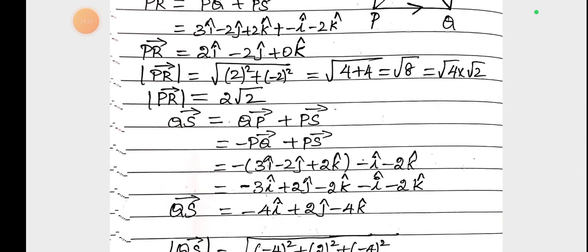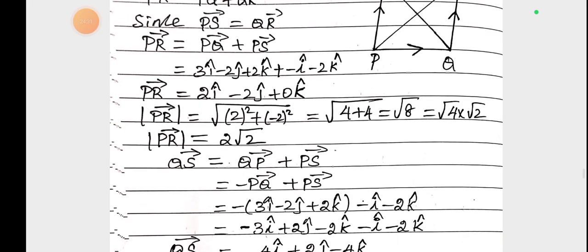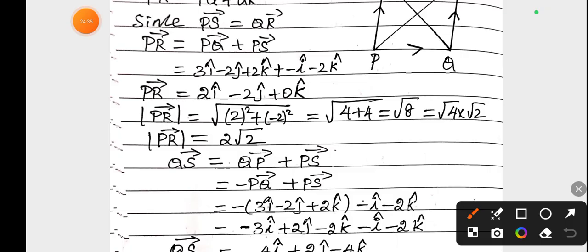What are we getting now? Root over 2 squared, the i cap coefficient, then the j cap coefficient minus 2 squared, the k cap coefficient 0, so 0 squared, we are not going to disturb anything here. So 2 squared is 4, again minus 2 squared is 4, root 8. We can write root 8 as root 4 into root 2, that is 2 root 2.